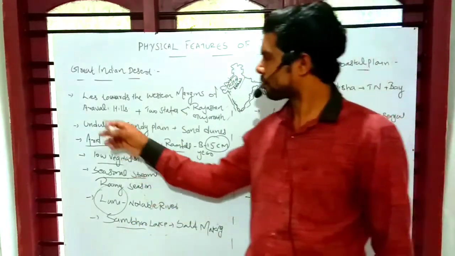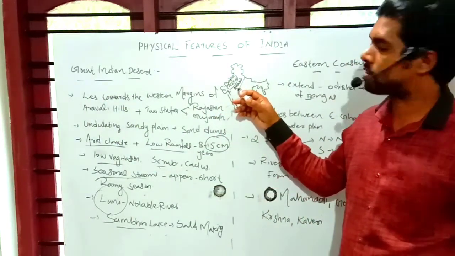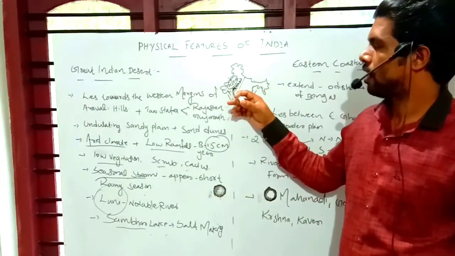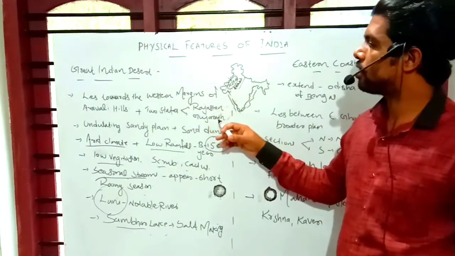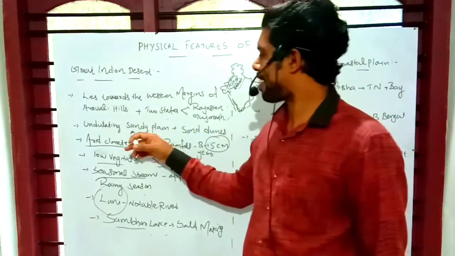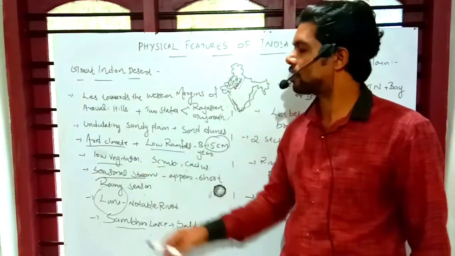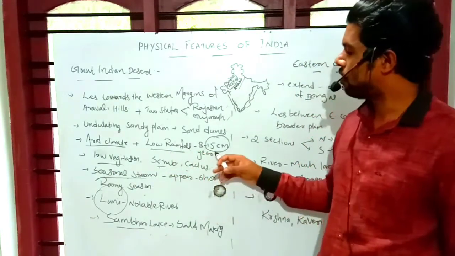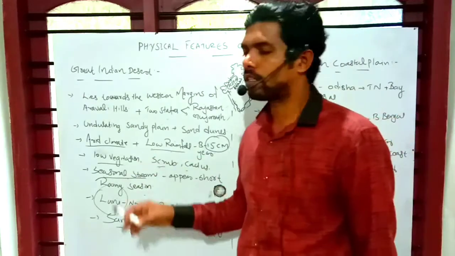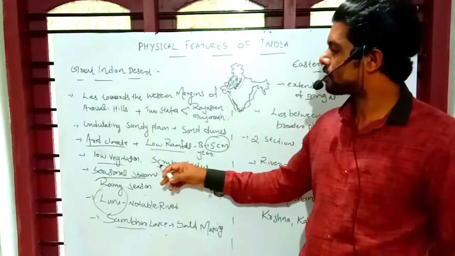So once again, the Great Indian Desert lies in the western margins of the Aravalli Hills, and two states, Rajasthan and Gujarat, cover it. Undulating sandy plains and sand dunes can be seen here. The climate is very arid, with very low rainfall, and low vegetation like scrubs and cactus.